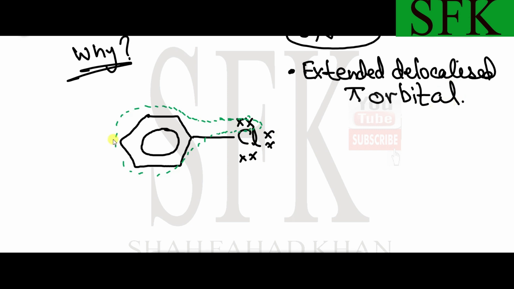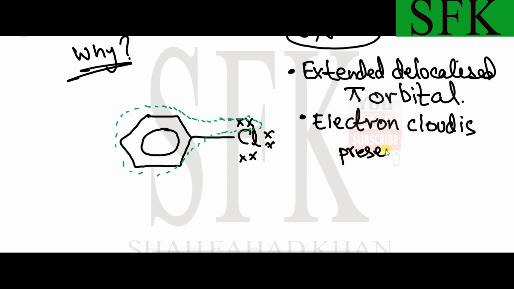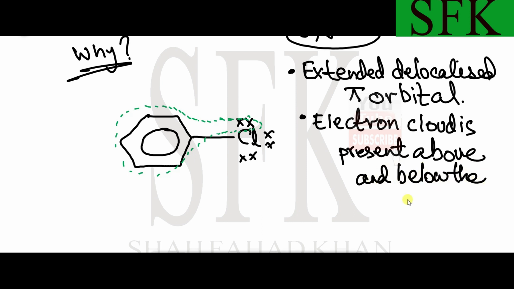This extended delocalized pi orbital means that there is a dense electron density above and below the benzene ring. Electron cloud is basically electron density present above and below the ring.